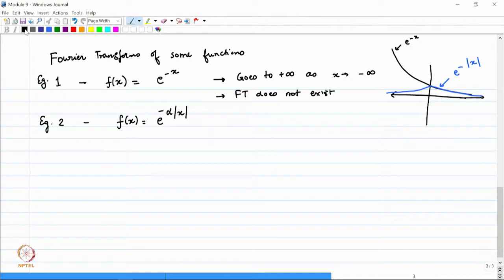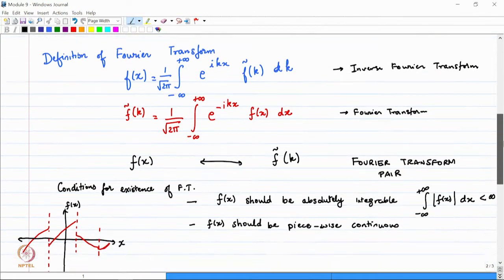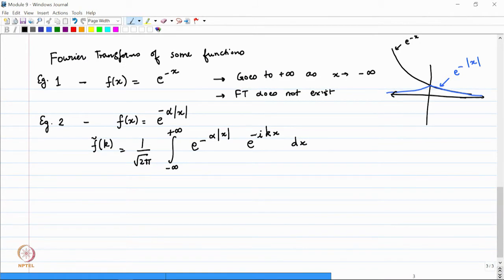So suppose you take this, now let us evaluate the Fourier transform. f tilde of k is equal to 1 over square root of 2 pi integral from minus infinity to plus infinity e to the minus alpha absolute value of x times e to the minus I k x dx. The assumption here is that alpha is greater than 0.